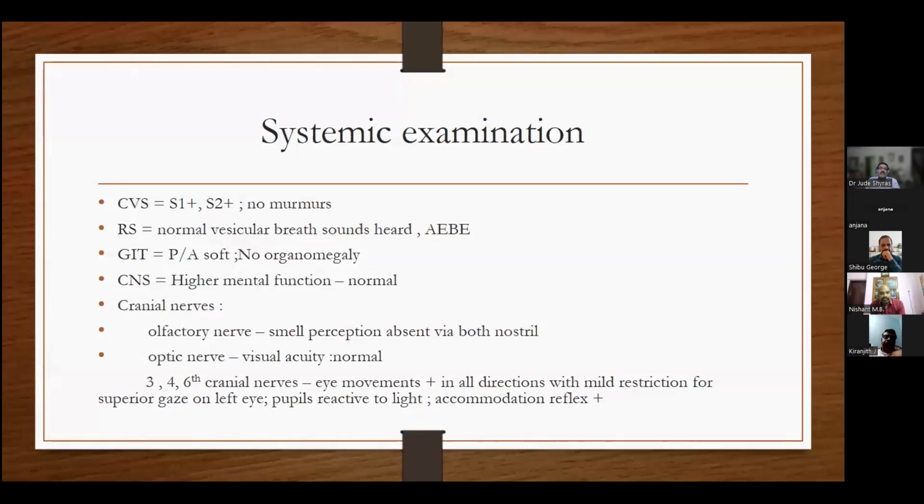Do you know any other standard test to test for smell? The UPSIT kit that is used to test smell. University of Pennsylvania Smell Identification Test, sir. Any quantification method apart from this?